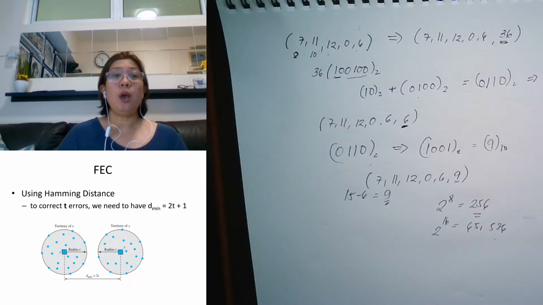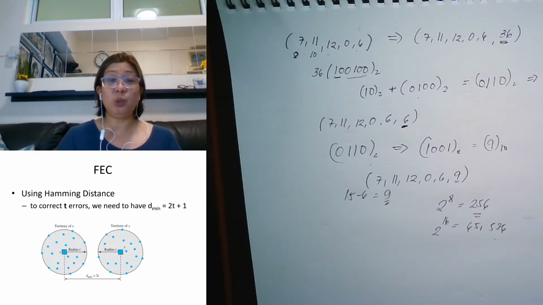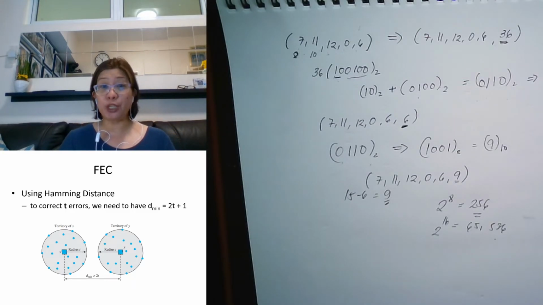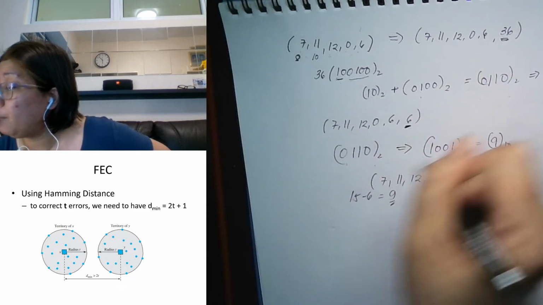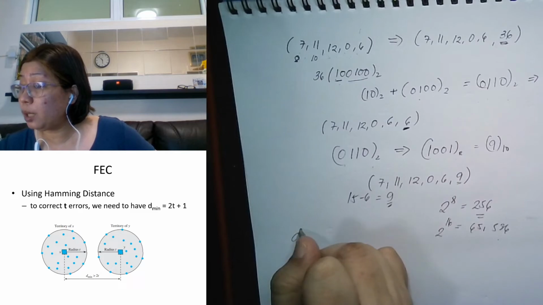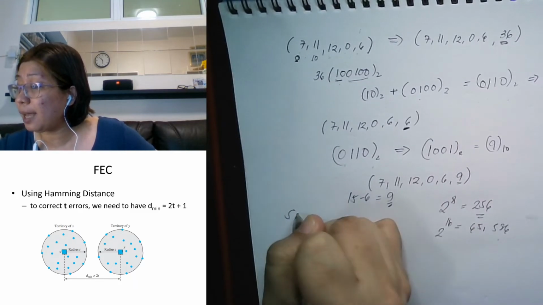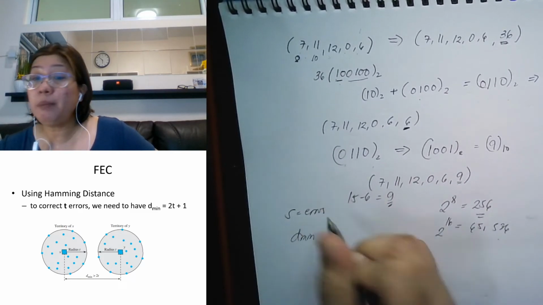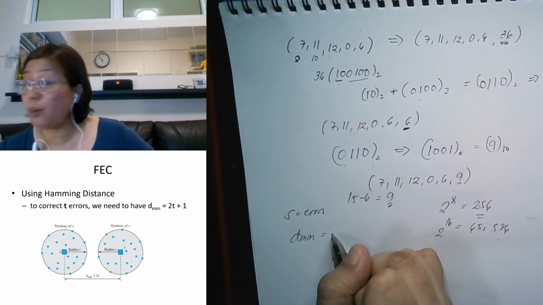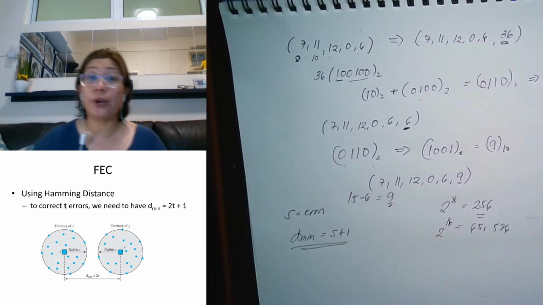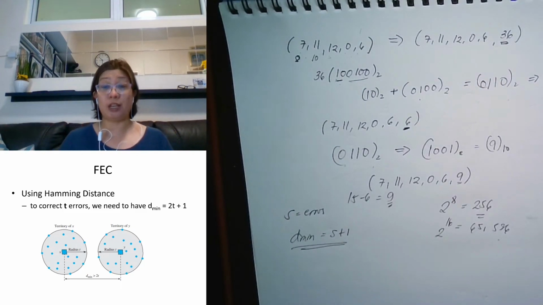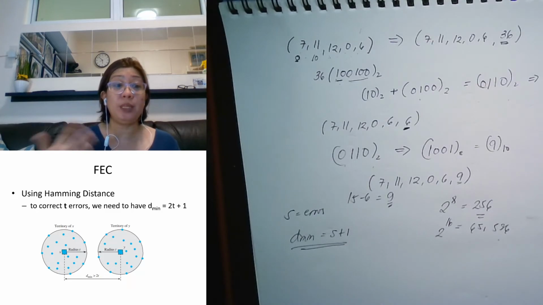To detect S errors, the minimum Hamming distance is equivalent to S plus 1. This is the minimum Hamming distance used for detection.